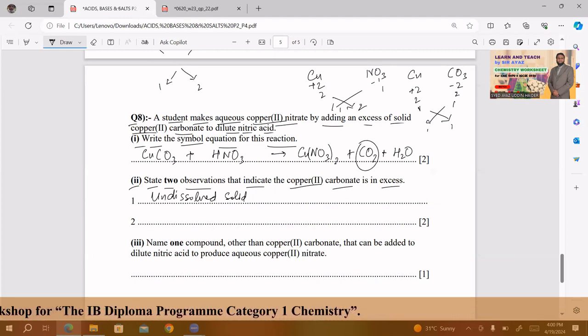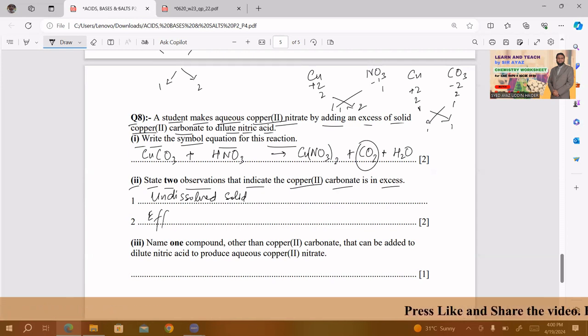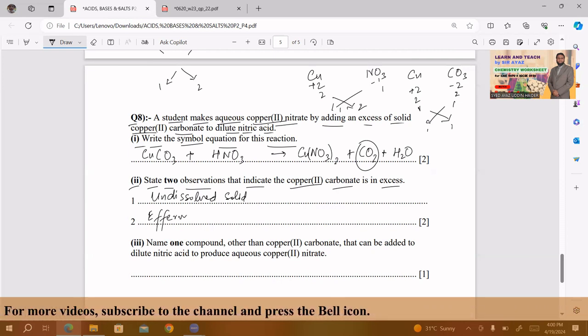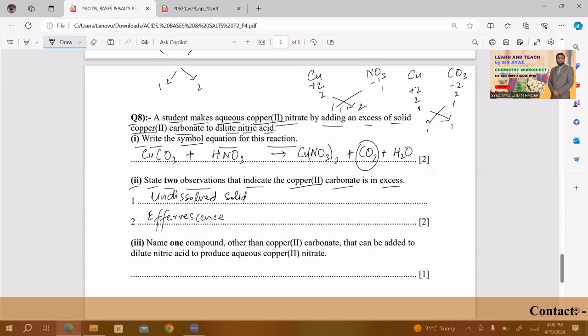If you have excess copper 2 carbonate, bubbling will stop. Effervescence stops on addition of more copper 2 carbonate.